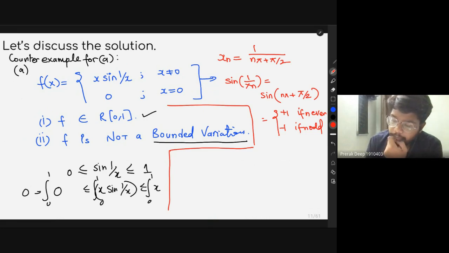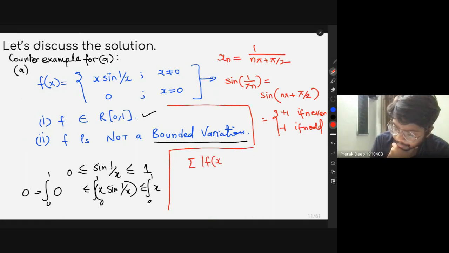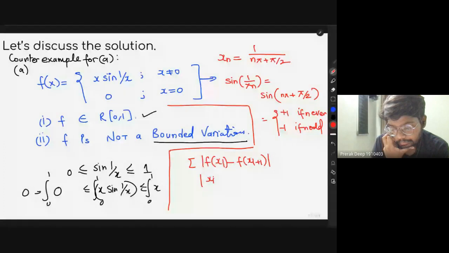So what will happen if you consider this sum of f of xi minus f of xi plus 1 type sum, sine 1 over xi minus xi plus 1 times sine 1 over xi plus 1?